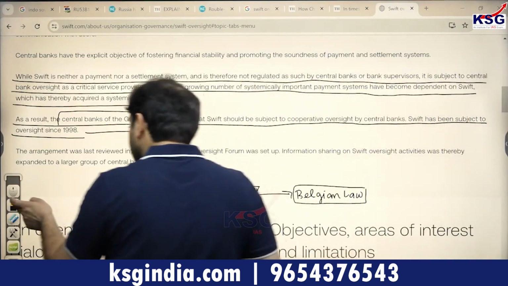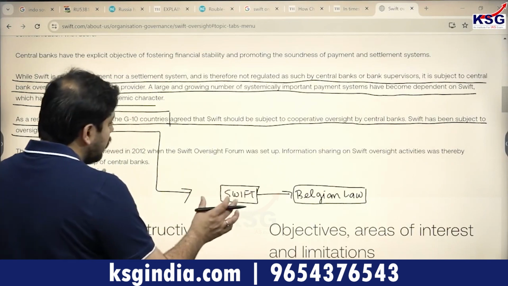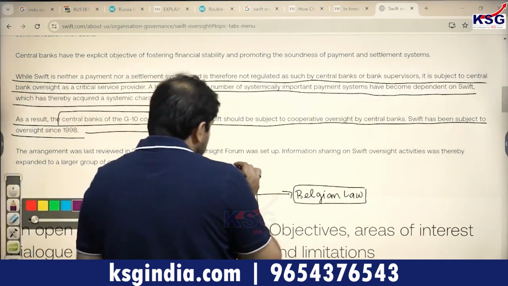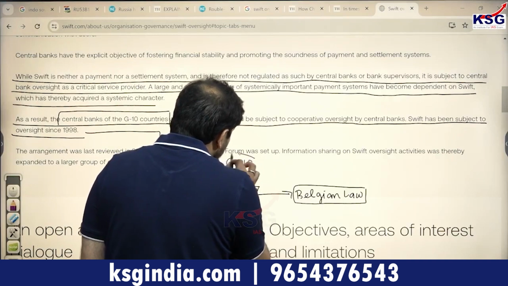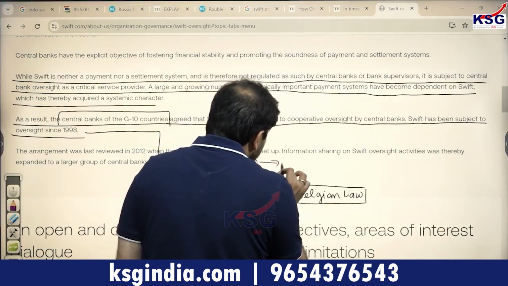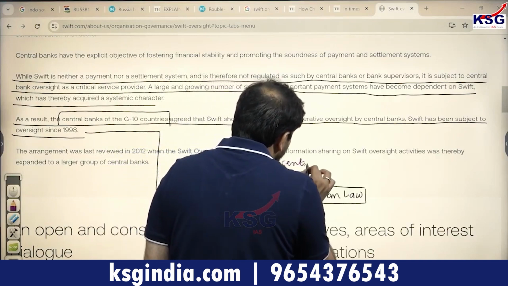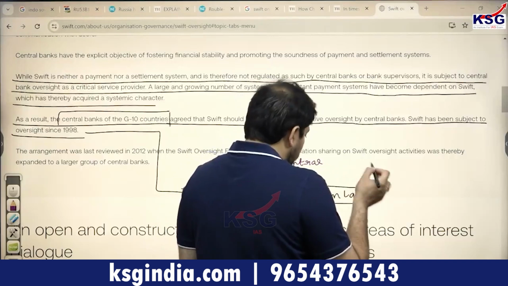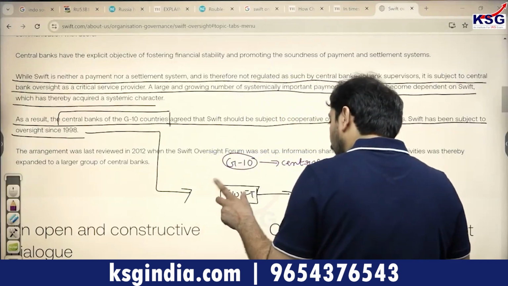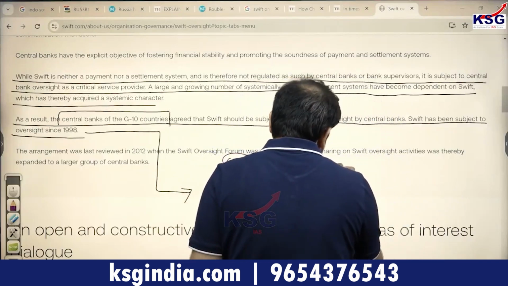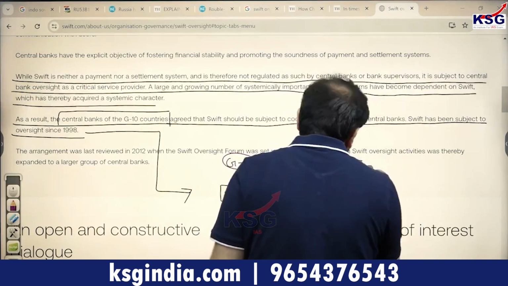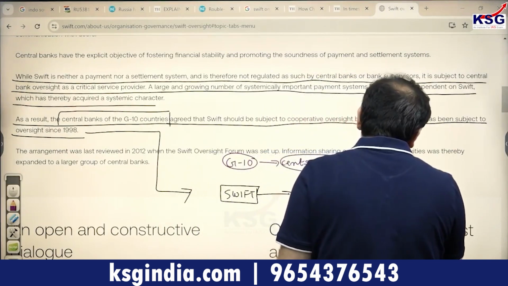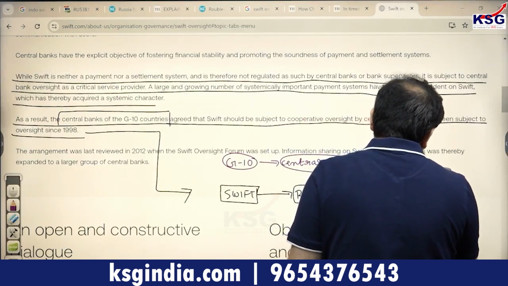And also, in addition to that, what we understand is that the oversight body of SWIFT is the central banks of what are known as the G10 countries. So, for example, the USA, Canada, Spain, Italy, all these American and European central banks, the G10 countries' central banks, provide what is known as the oversight forum for SWIFT.